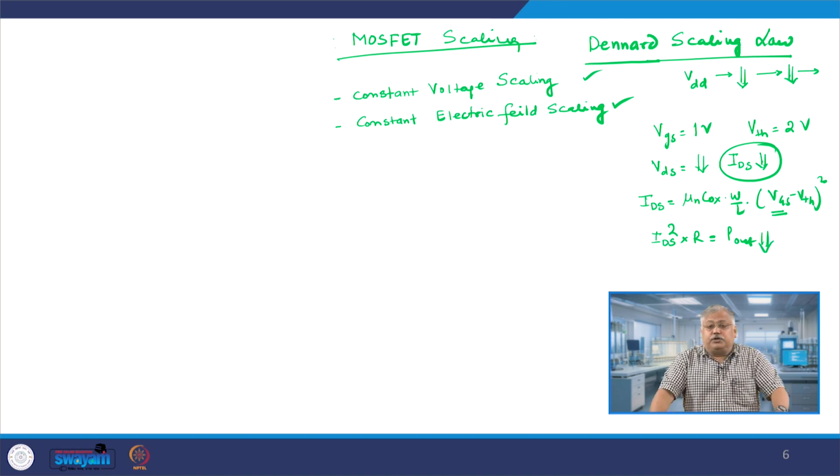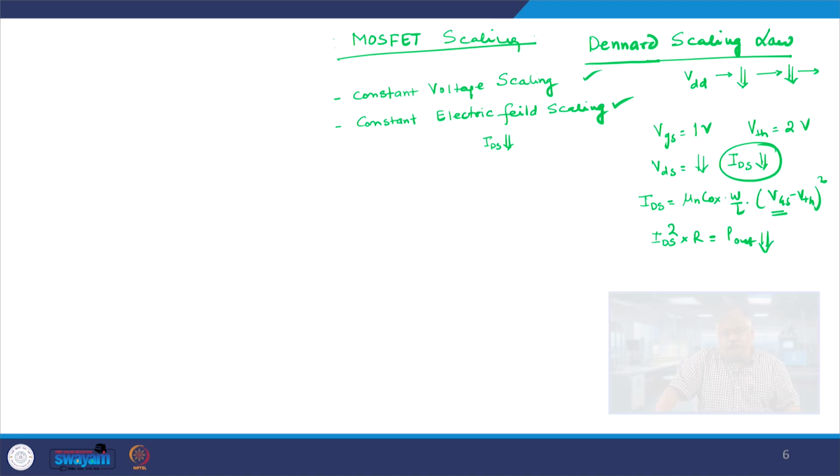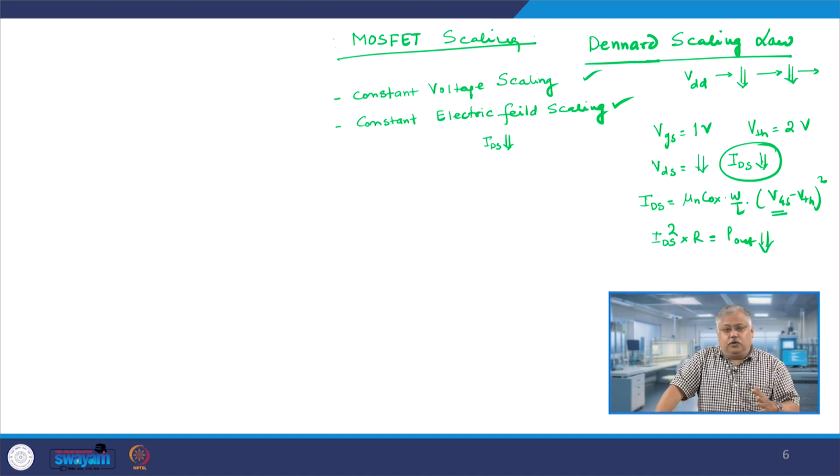But then you lose in performance, because if you reduce the value of current here, the amount of time taken to charge the capacitor of a CMOS inverter will be much higher, and therefore, the frequency of operation will reduce. You will not be able to switch your inverter very fast. So, though you are gaining in terms of power, you are losing in terms of performance, because your requirements are very high. So, this is what is known as constant voltage scaling.